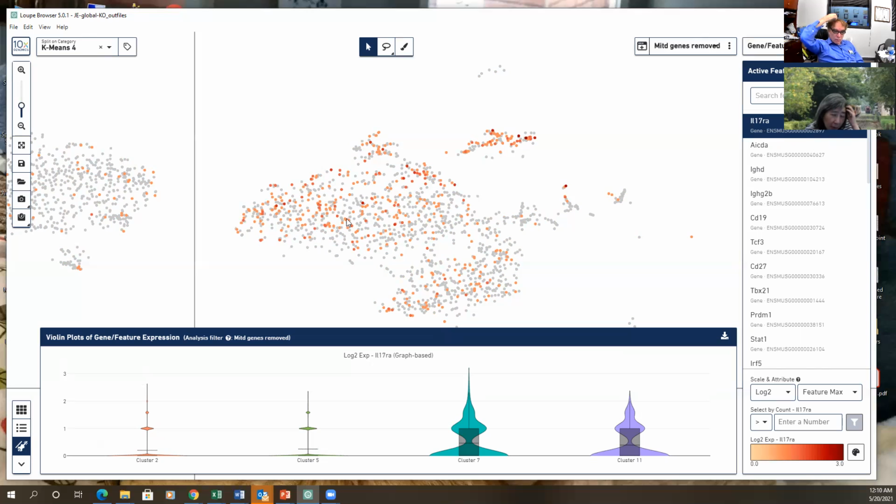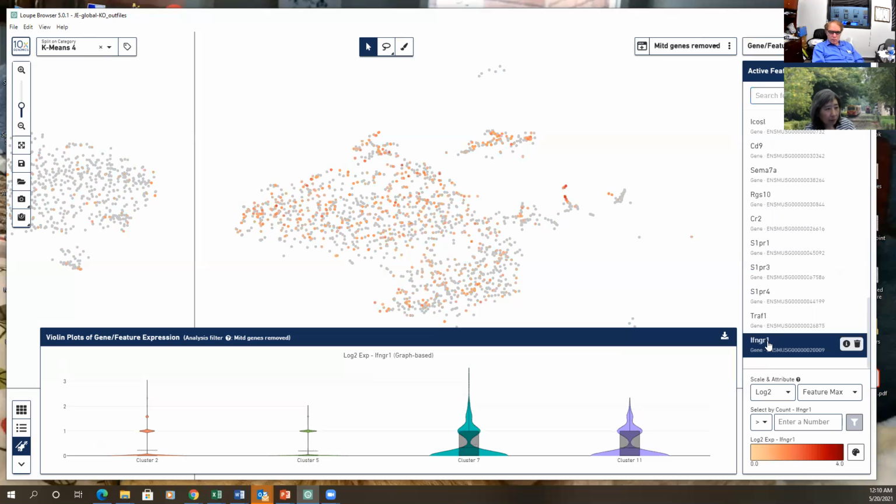This is another area. What about interferon gamma receptor? Same thing. Similar pattern. Maybe different cells, but we don't know. So definitely activated here, right? This area and this.